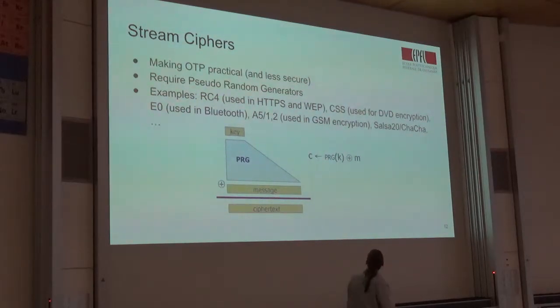And basically, to use a stream cipher, you have a message of a given length. You put the key into the pseudo-random bit generator and generate as many random bits as you need to cover the message, the same length as the message, and then you combine them, for example, with XOR most commonly, to produce the ciphertext. And then on the decrypting side, the receiver does the same thing.